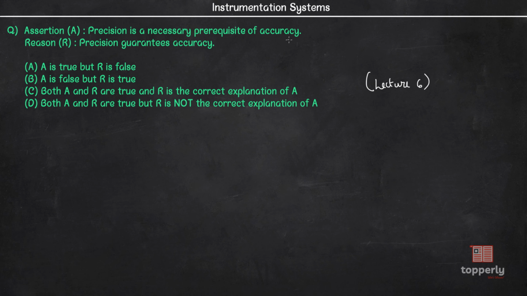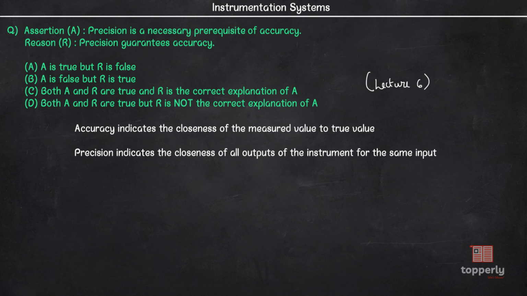Now, accuracy indicates how close the measured value is to the actual value, and precision indicates how close all the outputs of the instrument are for the same input. On the basis of the significance of these two terms, we can conclude that precision has nothing to do with accuracy, but to attain good accuracy, an instrument must have a greater degree of closeness in all the results for the same inputs.